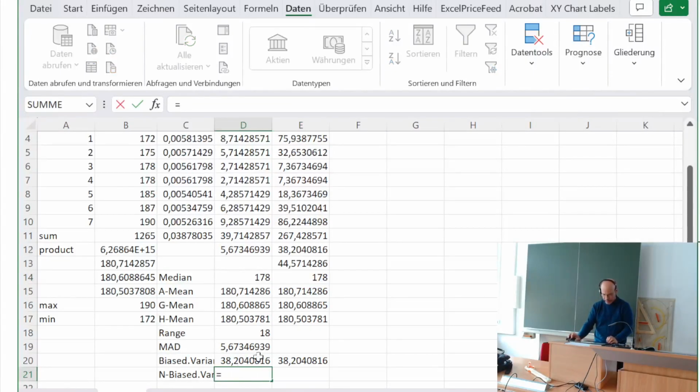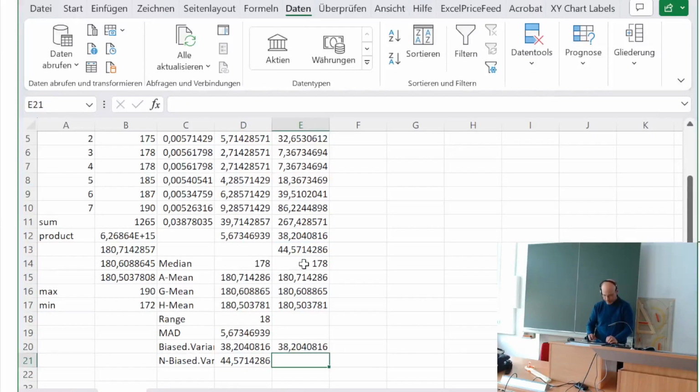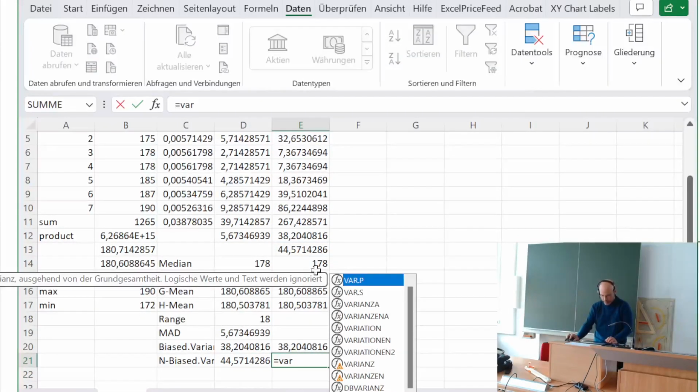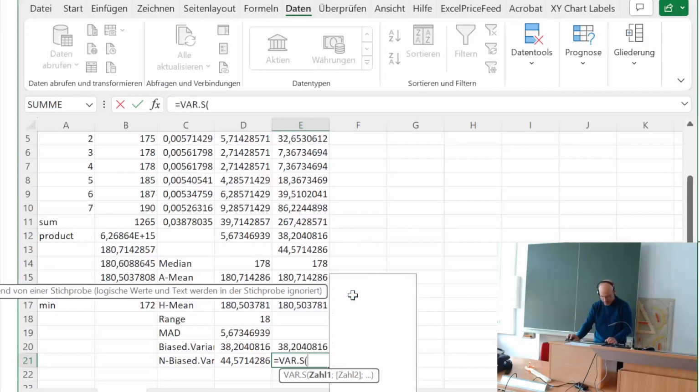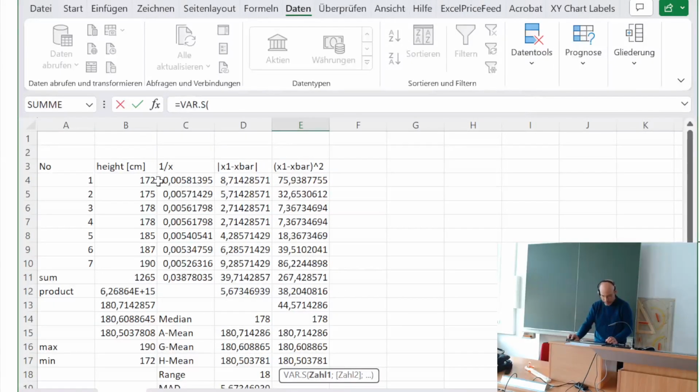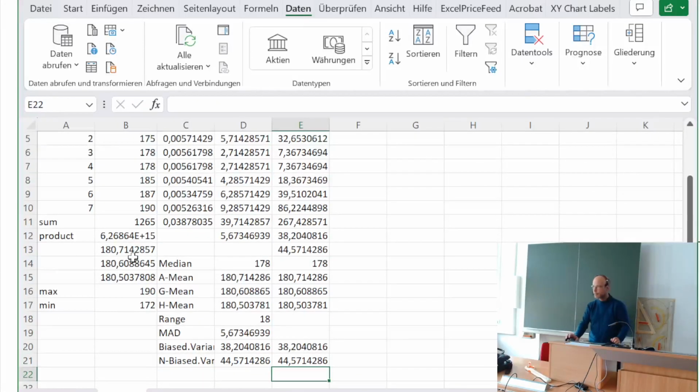Okay, so 44. And here now the variance with S, and hopefully this works out. Yep.